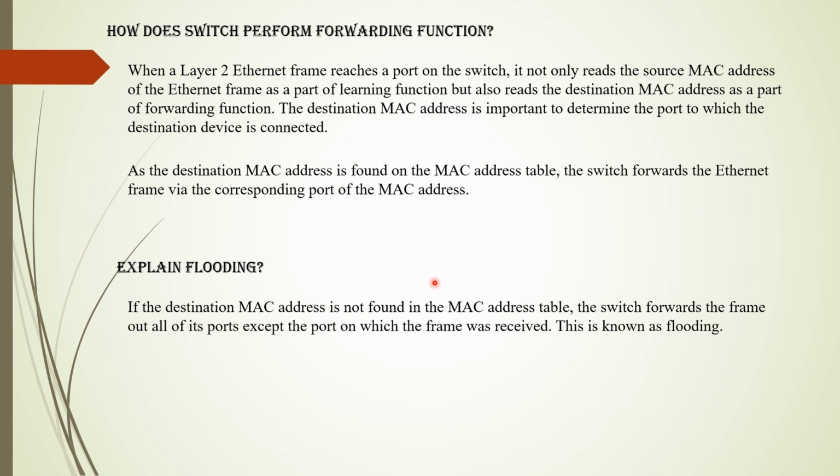If that address is not available, the switch forwards the frame out of all its ports except the port on which it was received. It sends the packet to all the ports.